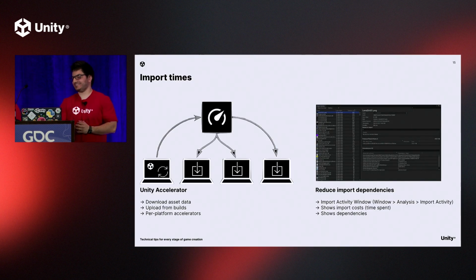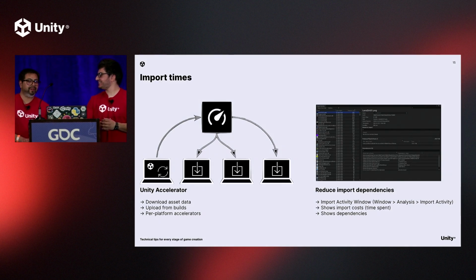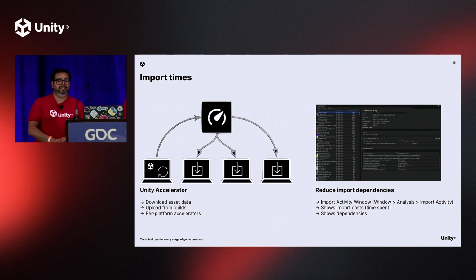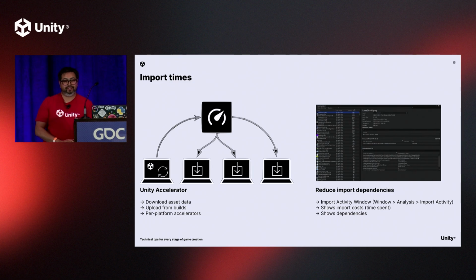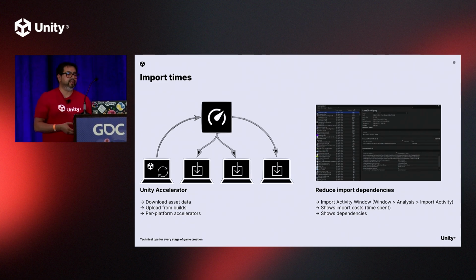Now that you've customized your import pipeline, let's talk about import times. This has been a common pain point historically in Unity, and is especially true for large projects targeting multiple platforms. Every time you switch from one platform to another in Unity, you have to re-import your project. It's a harsh reality. To alleviate the time spent importing, we generally recommend setting up a Unity Accelerator.